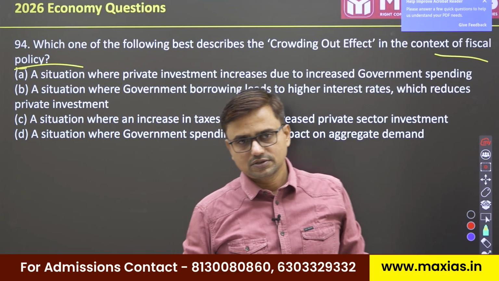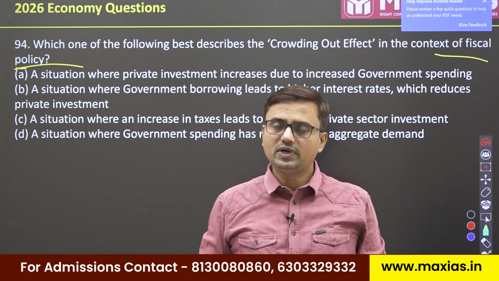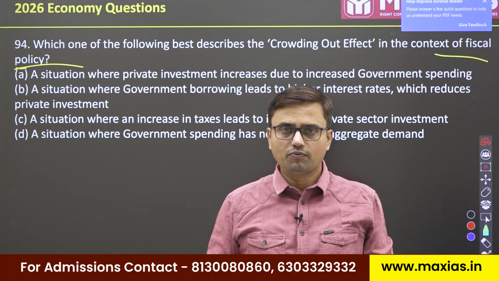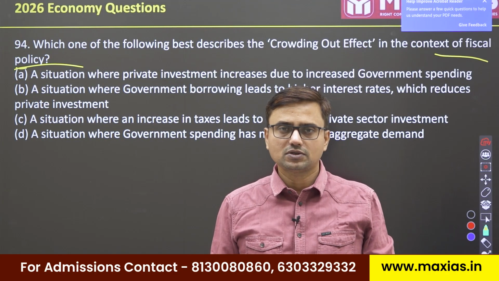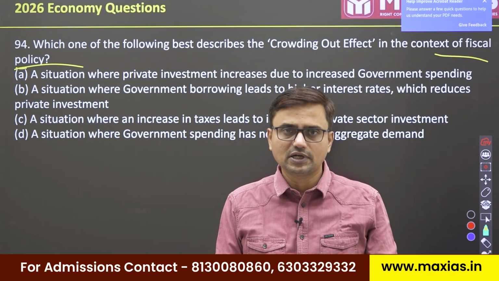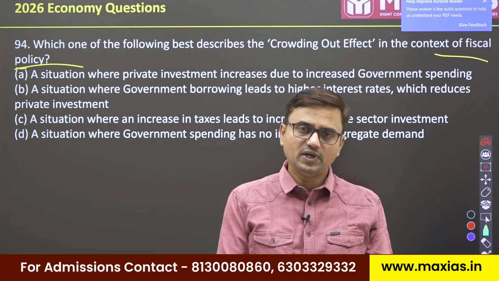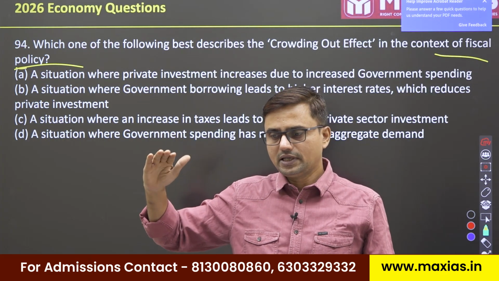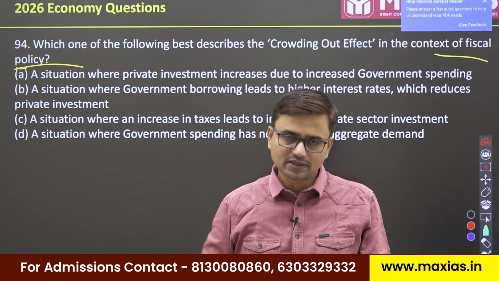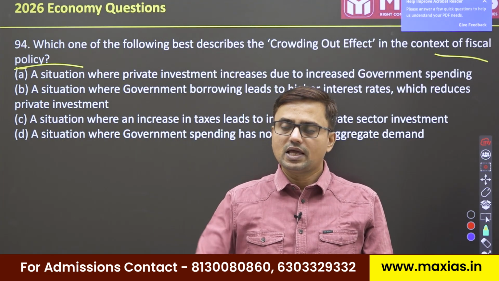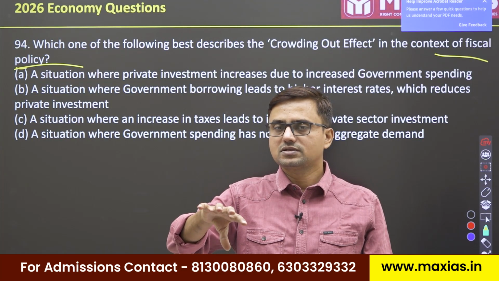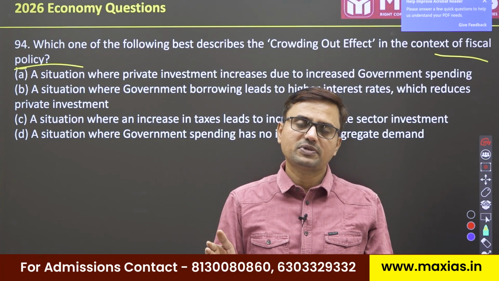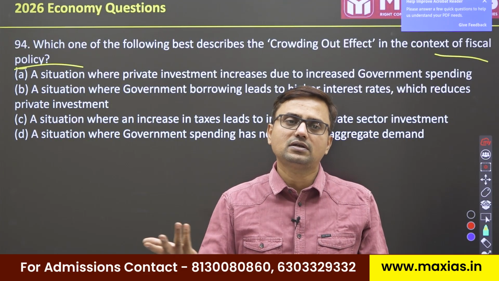In fiscal policy, government will be borrowing for funding different projects or for the fiscal deficit. So government will be taking loans from the banks. In fact, government will be taking a lot of money available with the banking system. If a lot of the money available with the banking system is taken by the government itself, less funds will be present for the private sector.